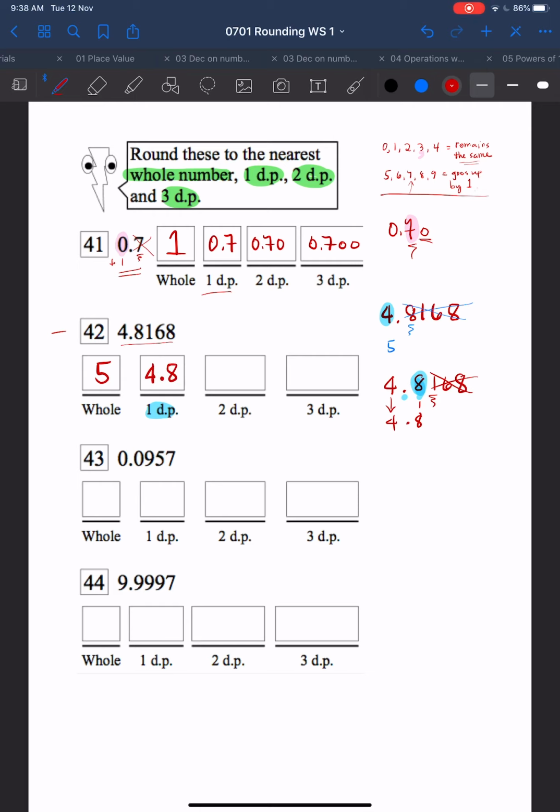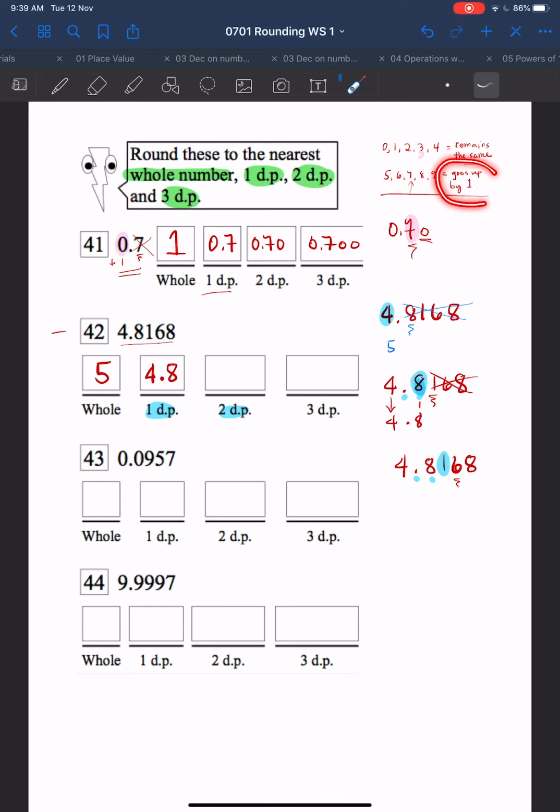So let's do the third one. It says now round this to 2 dp. So that's the decimal point, 1 dp, 2 dp. Let's look at the next digit, 6. Which one are we going to use? There's 6.